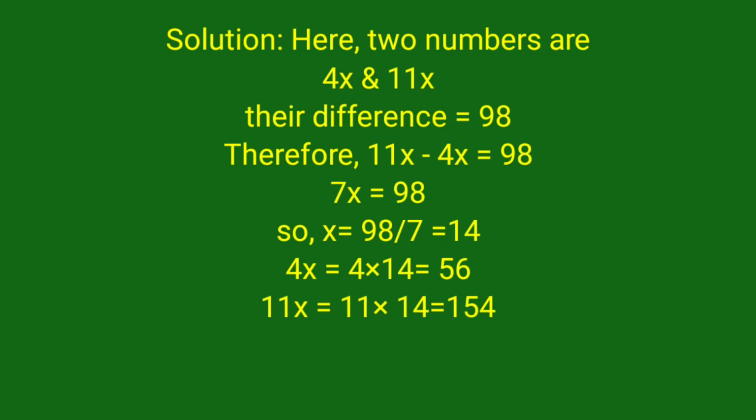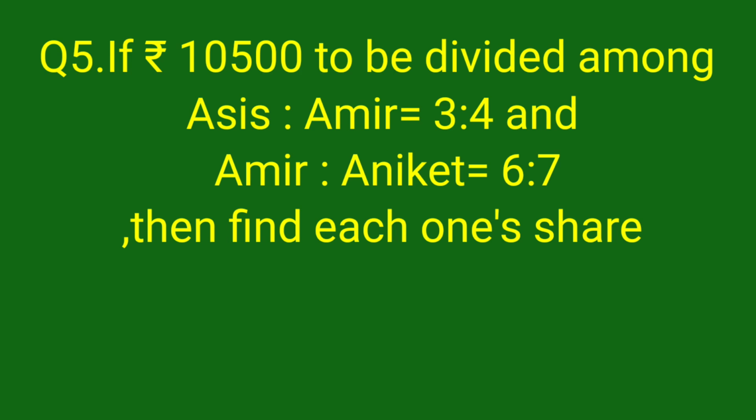By simple mathematical knowledge, 11x minus 4x gives 7x equals 98. Knowledge of simple equations is also required here. Then x equals 98/7, that is 14. So then 14 into 4 is 56, and 14 into 11 is 154.